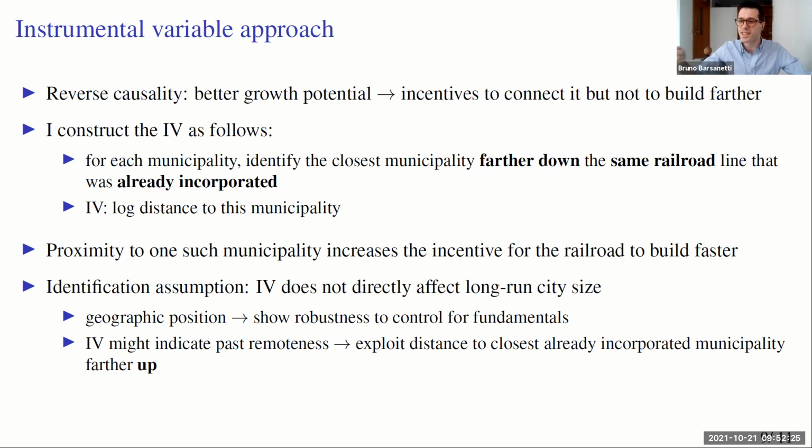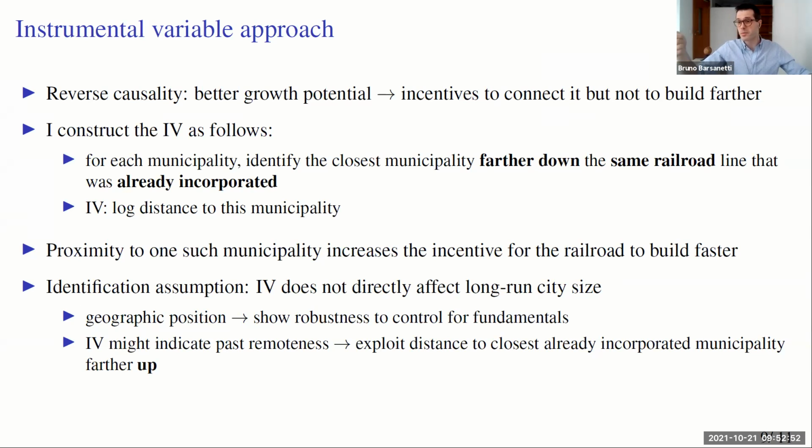So these were places that the railroad company would have an incentive to try to connect and provide transportation services to. So the IV is actually the logarithm of distance to that closest municipality farther down. So why would this IV be relevant? Because suppose this other town is relatively close, then we'll have some incentives.